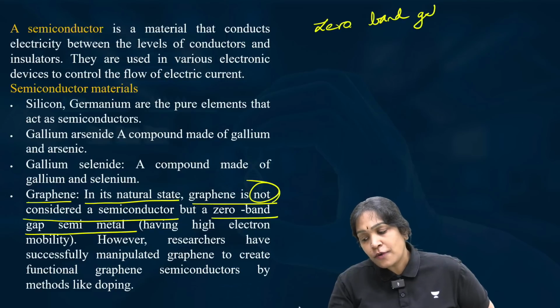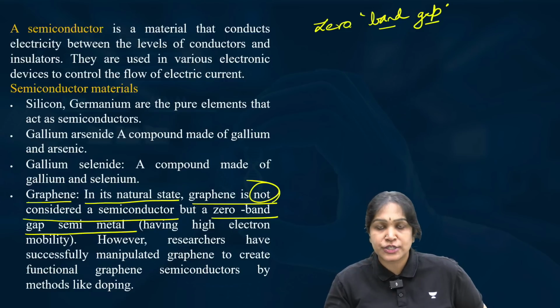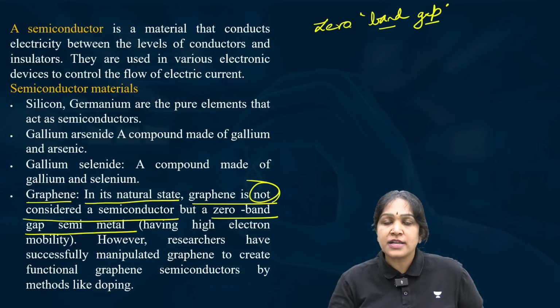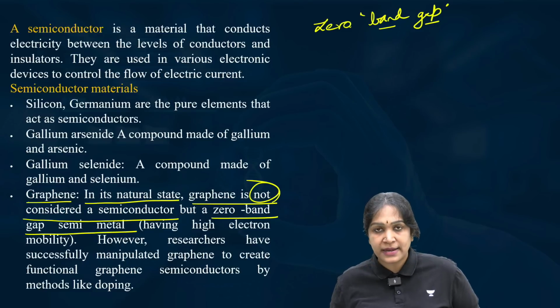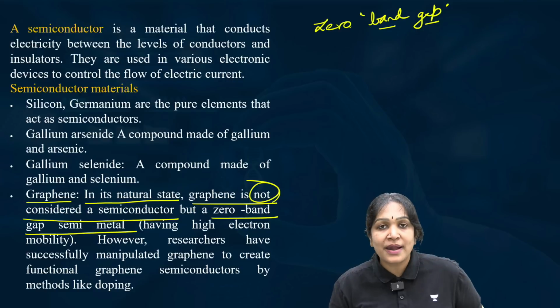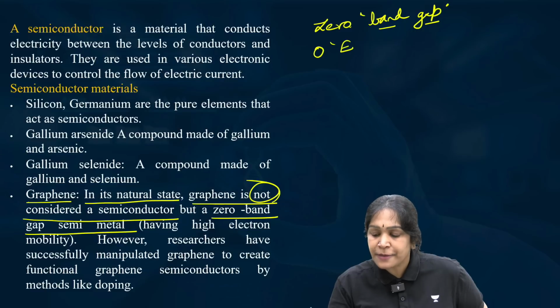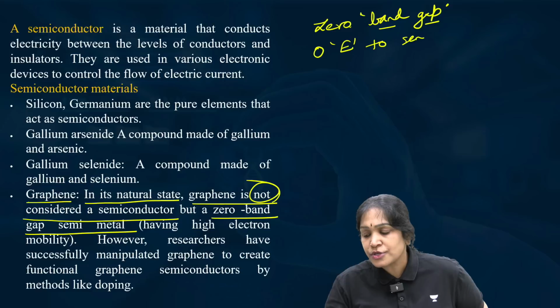If you want to know what band gap is, please refer to yesterday's session. In yesterday's session, we discussed a topic called quantum dots. In that, I explained what the band gap is. Here, there is zero band gap. It means you need zero energy to send an electron from the valence band to the conduction band.